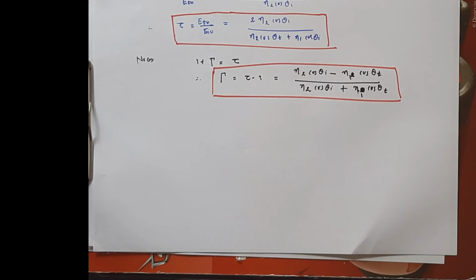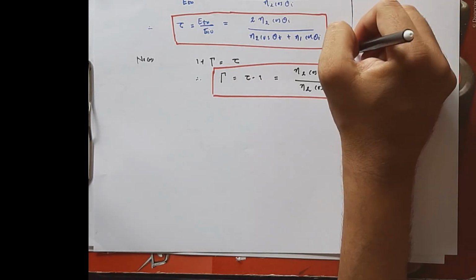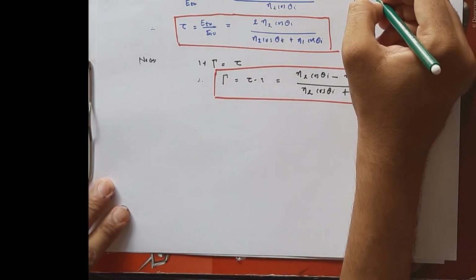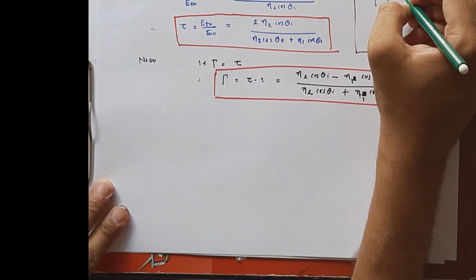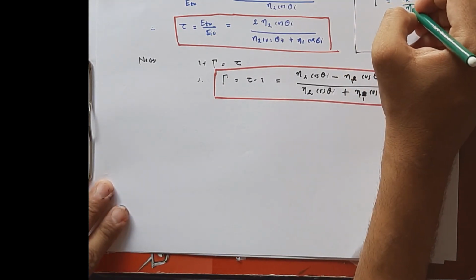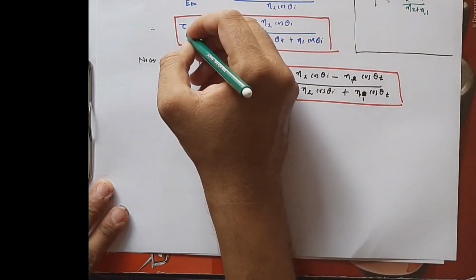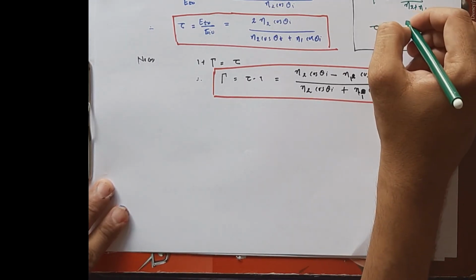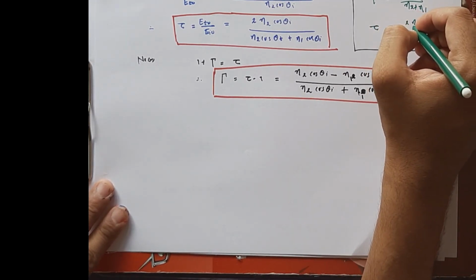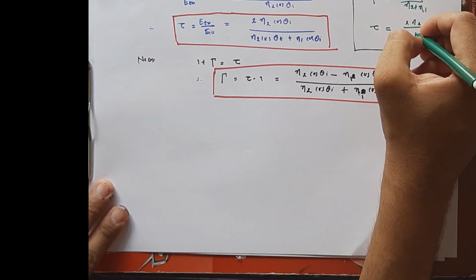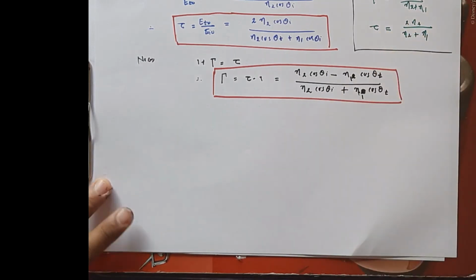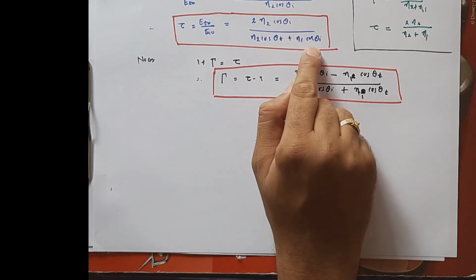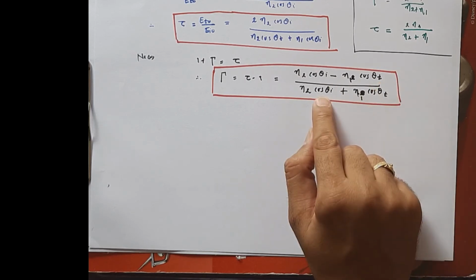For normal incidence, the equation of capital tau is eta2 minus eta1 upon eta2 plus eta1, and for small tau, the transmission coefficient, it is 2 eta2 divided by eta2 plus eta1. Here these terms are extra: cos theta_i, cos theta_t, and similarly cos theta_i minus cos theta_t, cos theta_i plus cos theta_t.